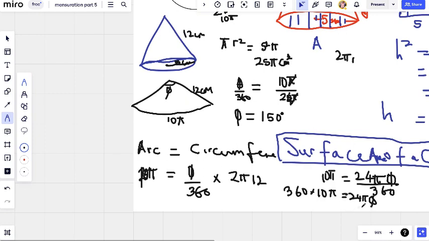So if you make phi the subject, you have 360 times 10 pi divided by 24 pi.